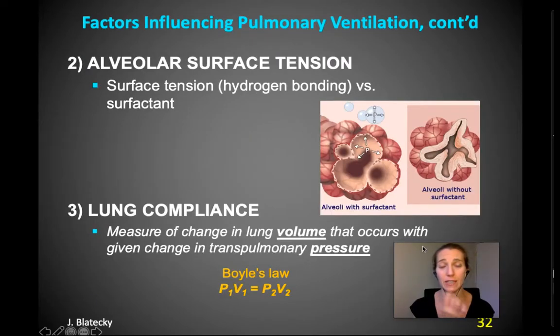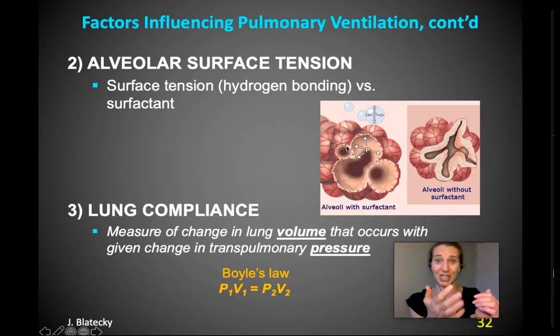So alveolar surface tension has everything to do with surfactant, which is produced in those type 2 alveolar cells. Our lungs are very moist, and they are covered on the surface by water molecules. As water molecules are drawn together, you get hydrogen bonding, those attractive forces between water molecules.